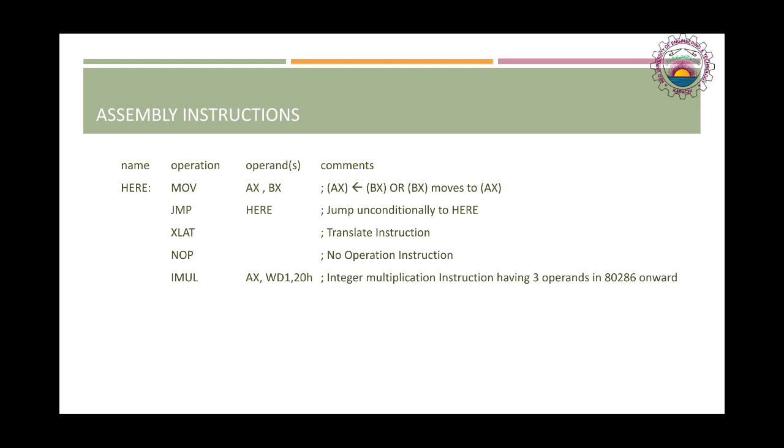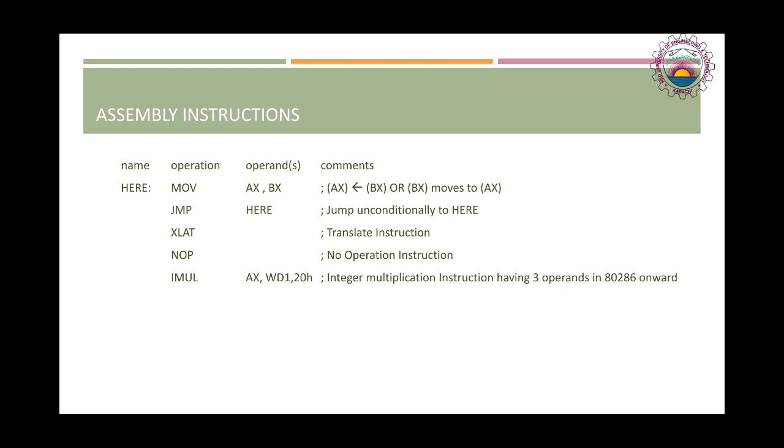Then in the second line you have JMP HERE. So HERE is used to point to the MOV instruction. HERE is the operand for the jump instruction, but actually HERE is the address of the MOV instruction. So, jump unconditionally to HERE, that is the comment after the semicolon for this jump instruction.